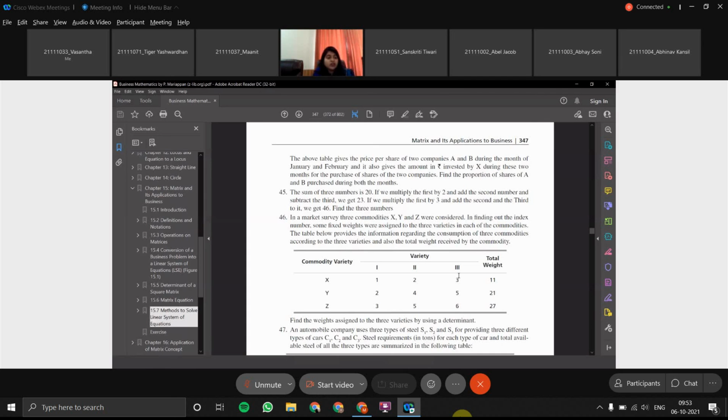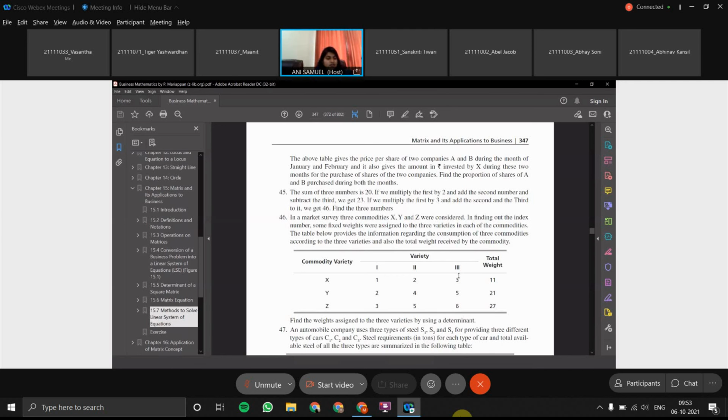So capital X, capital Y, and capital Z are the commodities, okay? What you are finding is the weight of each commodity. So let small x be the weight of the commodity capital X used in variety 1, like that. Not in variety 1, in general.